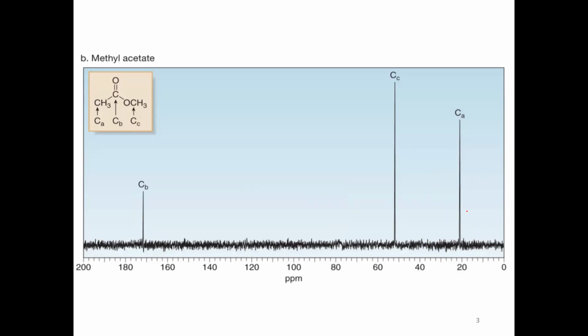The other thing that we can see in carbon 13 that we couldn't see at all in the proton is carbonyls. You can see them very well. Where do you see carbonyls? If you have the idea that you have a carbonyl, which other spectroscopy do you want to check?